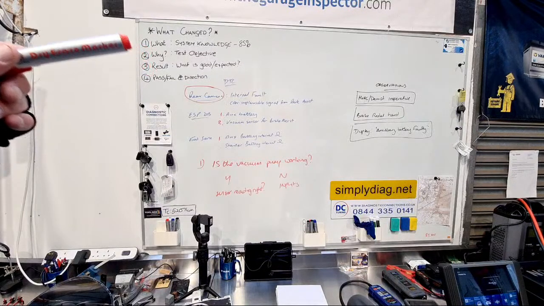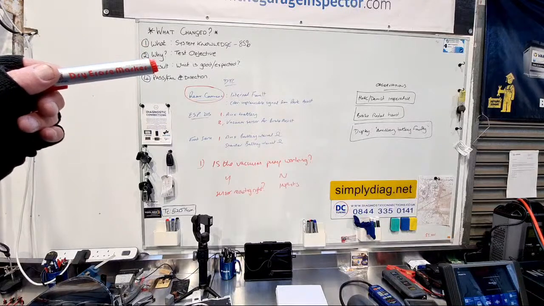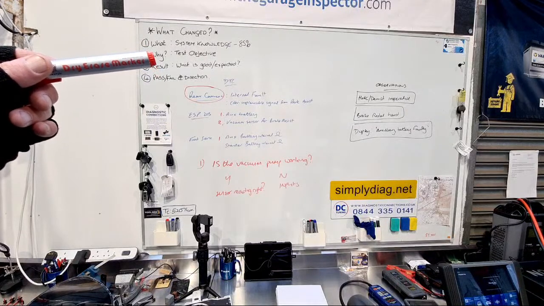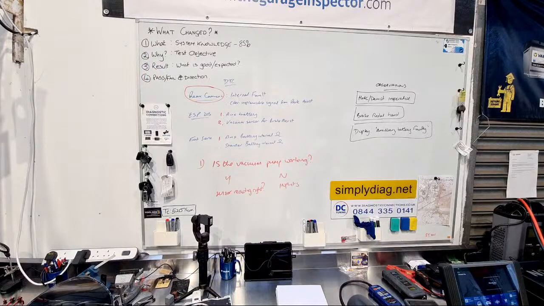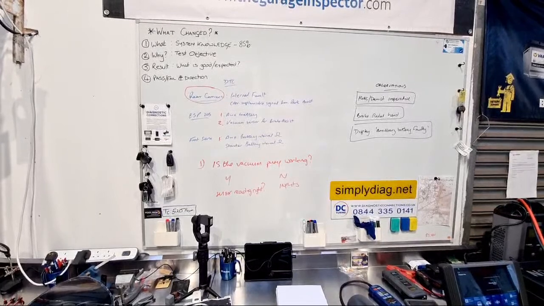Number three, what is good? What are we expecting to see on the test that we do? And number four, will it give us a pass-fail answer, and will it give us further direction? So that's my initial thoughts: number one, I want to know, is that vacuum pump working? Is it capable of producing vacuum?